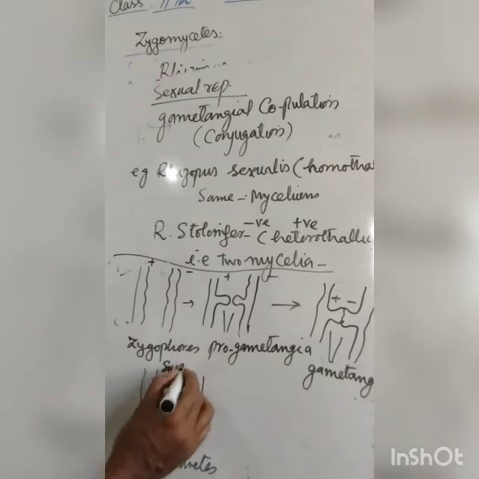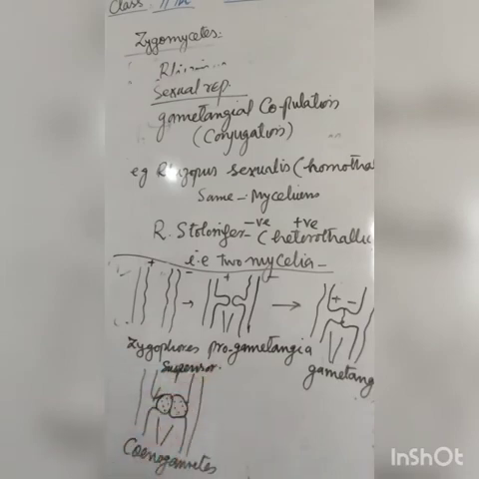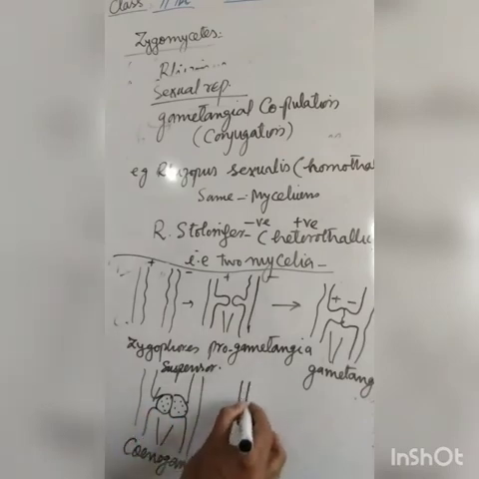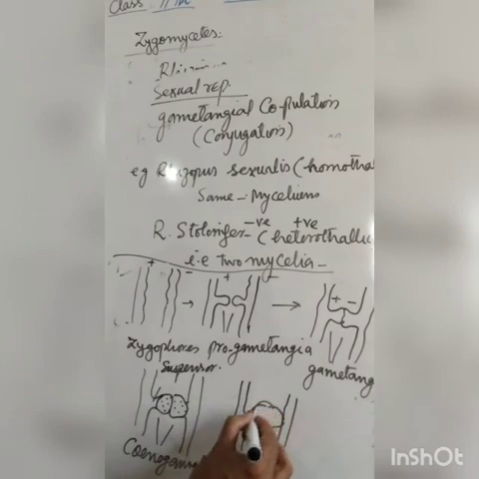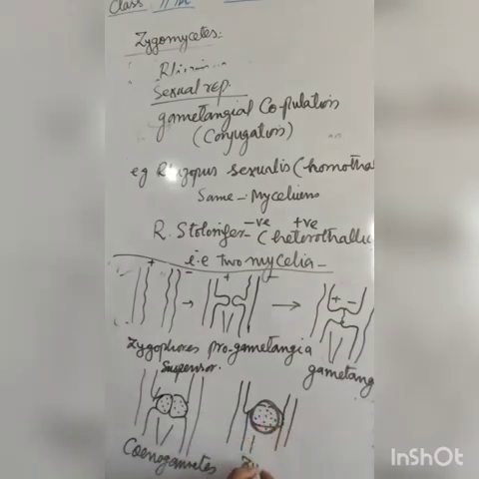In the middle a resting spore forms, which develops a thick wall with diploid nuclei. It is called a zygospore.